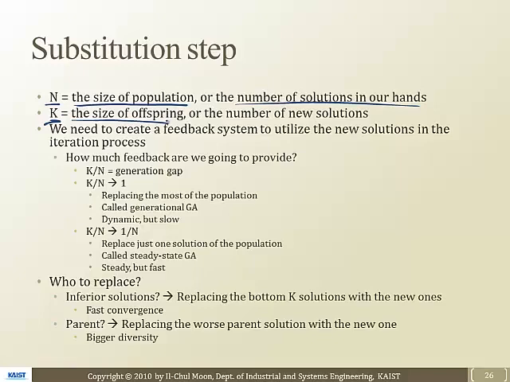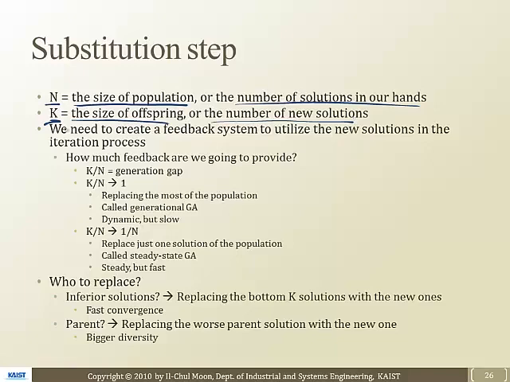Select two parent solutions, make crossover, perform mutation, and do the repair, and you finally have one offspring. You have one child. And after performing this process K times, you have K new solutions. And then you want to substitute a certain part of N with K.